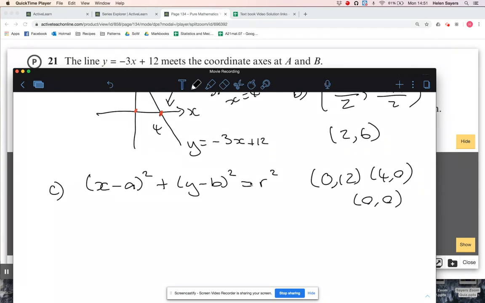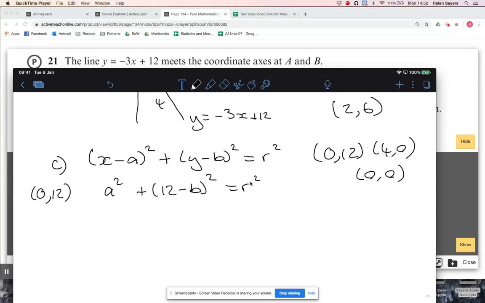Okay, so if we do 0, 12 first. If x is 0, minus a all squared is just a squared. And then we'll have 12 minus b all squared equals r squared. I'll square out those brackets shortly if I need to.